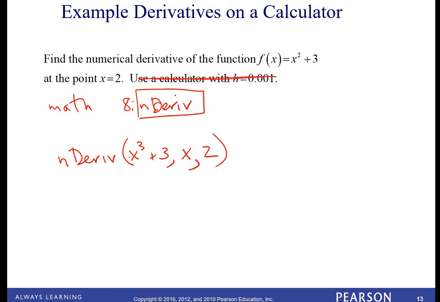So the derivative of x squared plus 3 for any x value equal to 2. When we do this and push enter, you should get the value 4. And if we used our derivative formula, you would see that we would get 4.